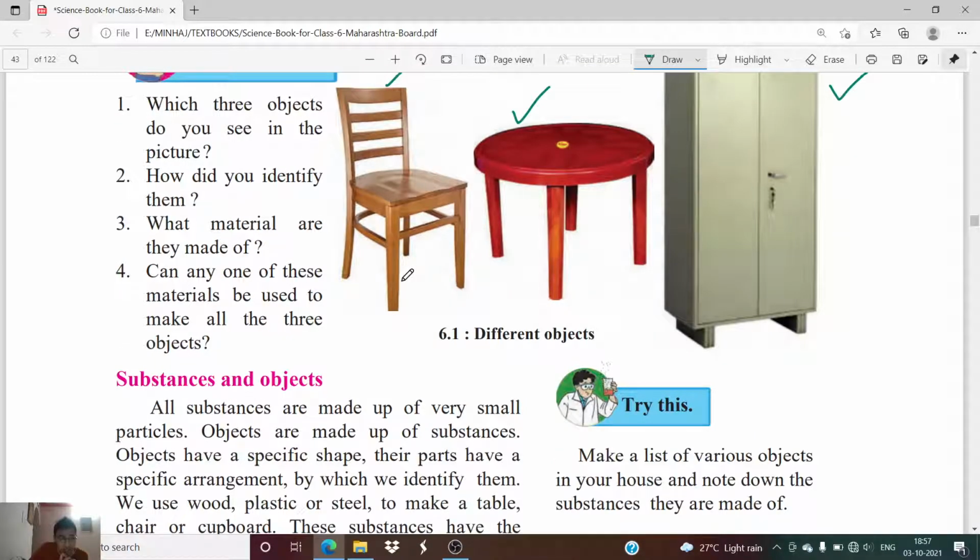There are certain properties in an object by which we can identify it. The shape of the object is different, and the parts in the object are different. By those parameters, those properties, we can say what the given object is.